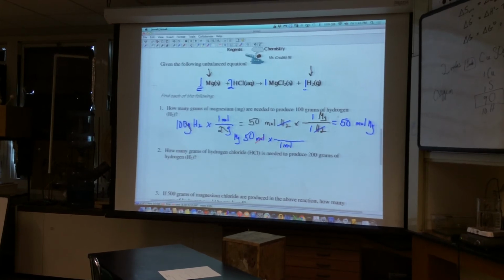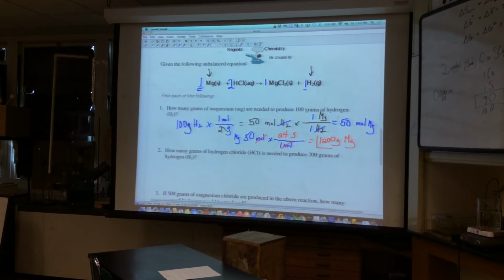Because you want to cancel it. For every 1 mole is how many grams of magnesium? Go to the periodic table. The atomic mass of magnesium is 24. Okay, what am I left with? 50 times 24, what's that number? 1,200. And what did I just solve for? 1,200 grams of magnesium.